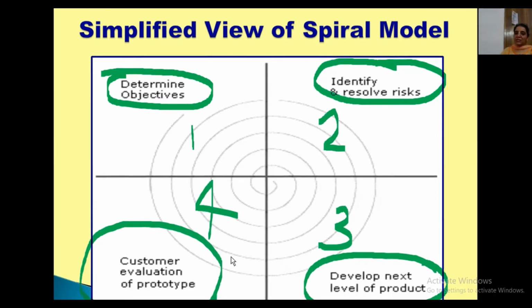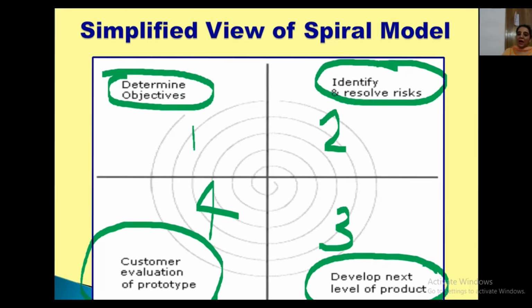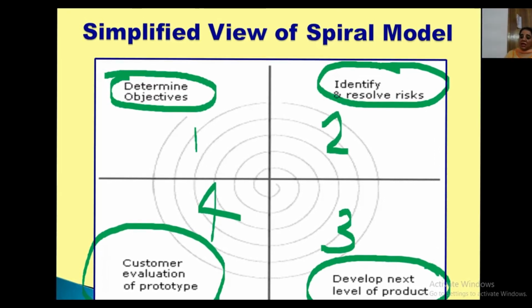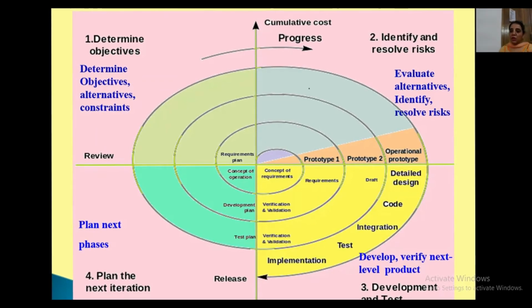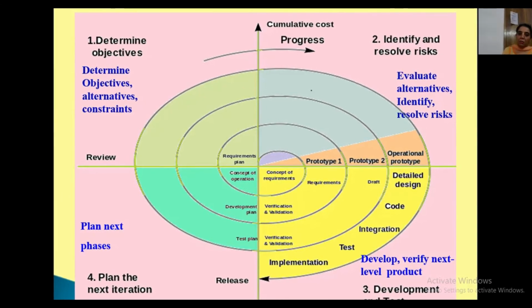If you can see, this is one spiral loop, and every loop is one phase of a spiral model. And in every phase, every time you determine the objectives, identify the risks, develop the next level product, and the customer evaluates the prototype. So you can see here that risk analysis is done in this particular model, which was not incorporated in the earlier models.